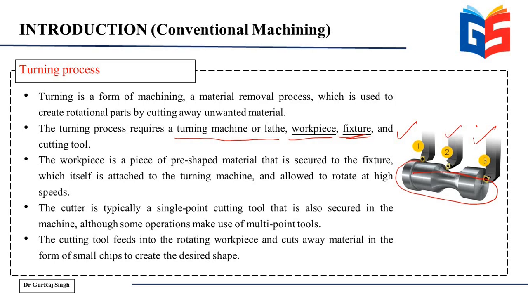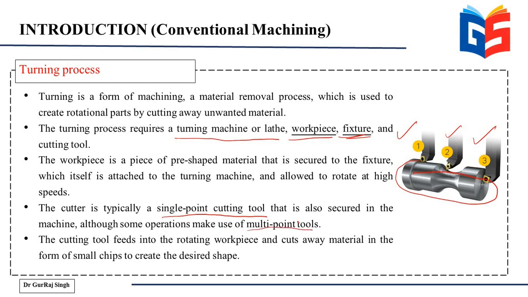The workpiece is secured in a fixture, and the workpiece on a rotating fixture is allowed to rotate at very high speeds, and the cutter, which is typically a single point cutting tool, so this is important here, is secured in the machine, although some operations may use multi-point cutting tools as well.